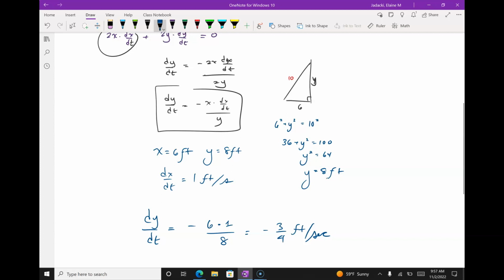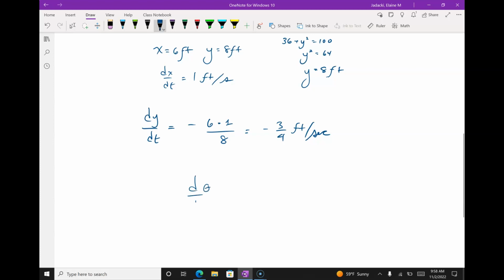What else is changing when this ladder is sliding? Yes, the height. That was our dy dt, right? What else is changing? The angle's changing, right? So how would I find a d theta dt here?